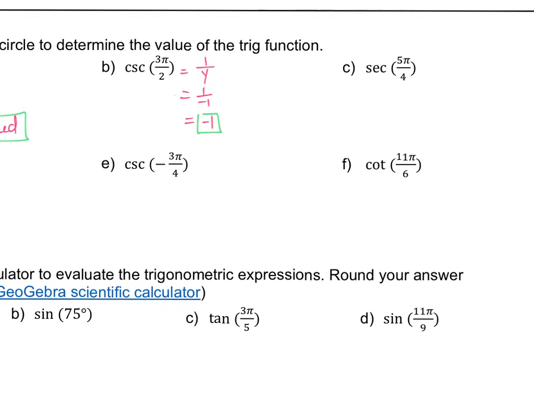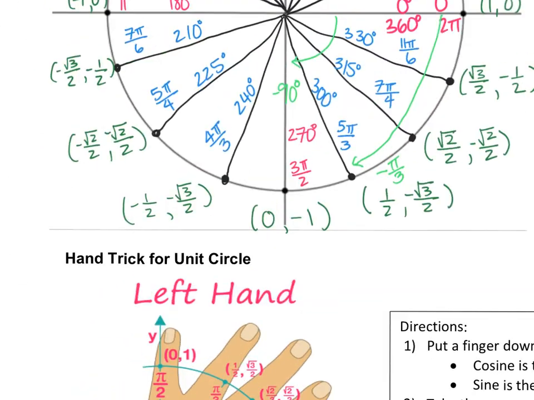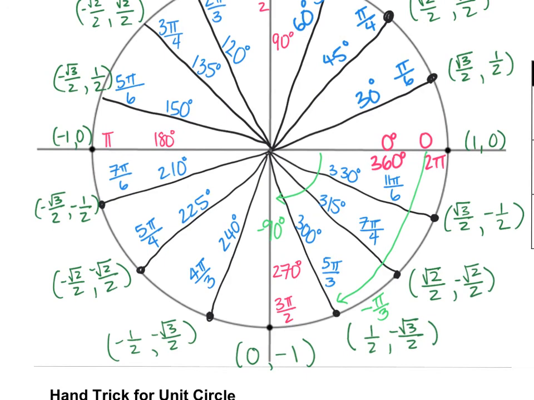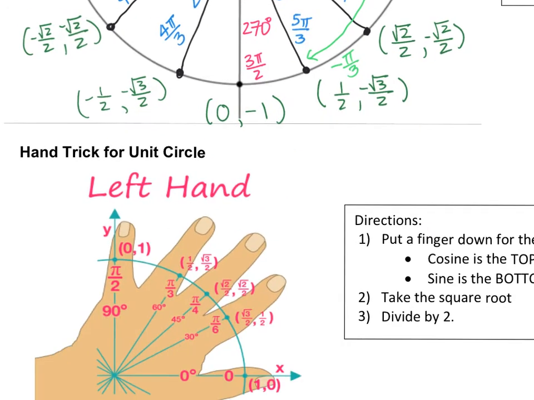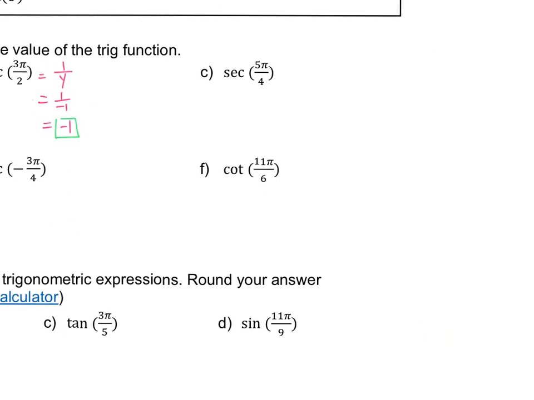So I'll just box those two in. For secant, it's asking for 5 pi over 4. So we're going to go to the unit circle at 5 pi over 4 and just grab that coordinate. So 5 pi over 4 is root 2 over 2 for both, but they're both negative because it's in the third quadrant. So I'm going to write that down. So root 2 over 2, and they were both negative.